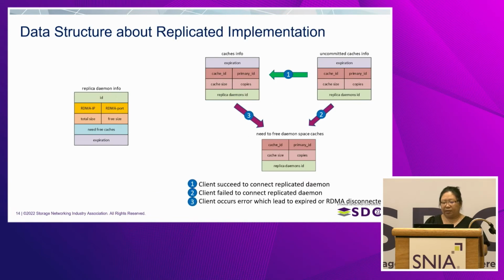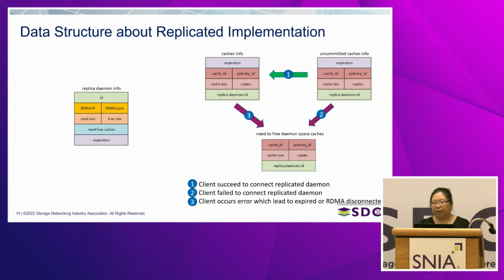In the Ceph cluster replica management, there are several important data structures. The first one is the replica daemon information. The replica tells the Ceph cluster its own information, and the Ceph cluster uses the replica daemon info to manage the replica. Another one is the uncommitted caches info.